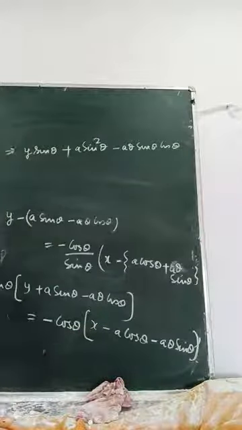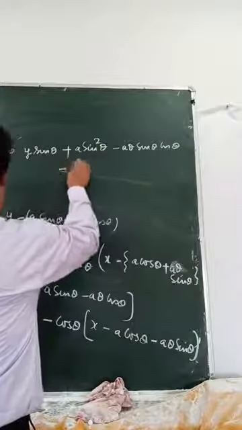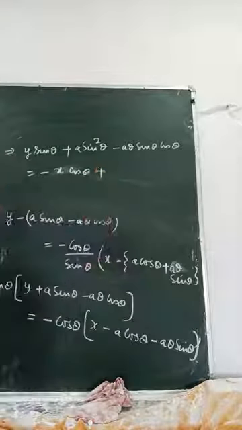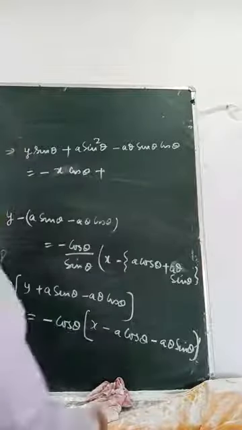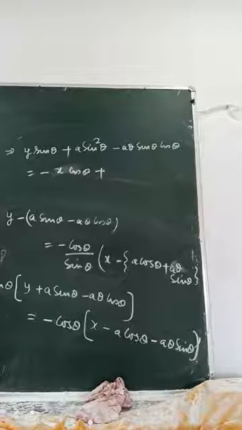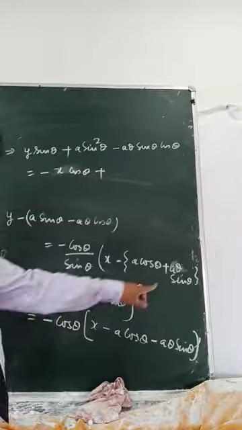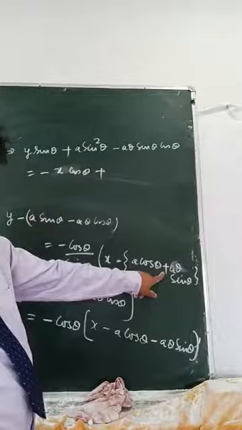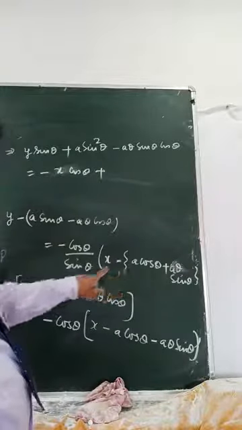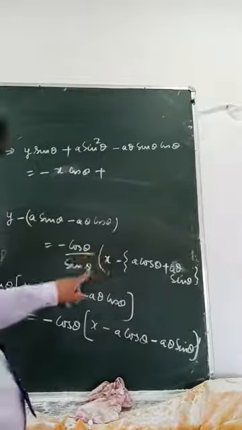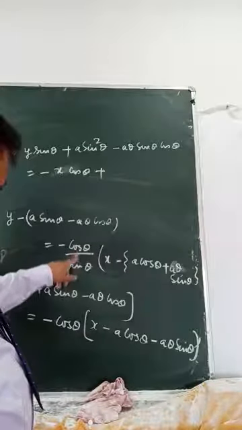Okay, back to this side: minus x cos theta plus a cos square theta. I think you have to check this part. This is a sin theta minus a theta cos theta, minus cos theta by sin theta.